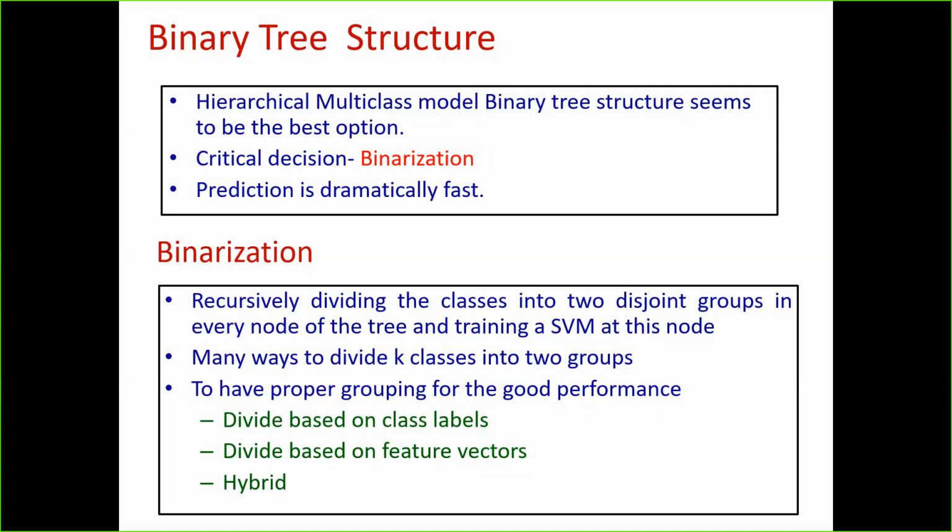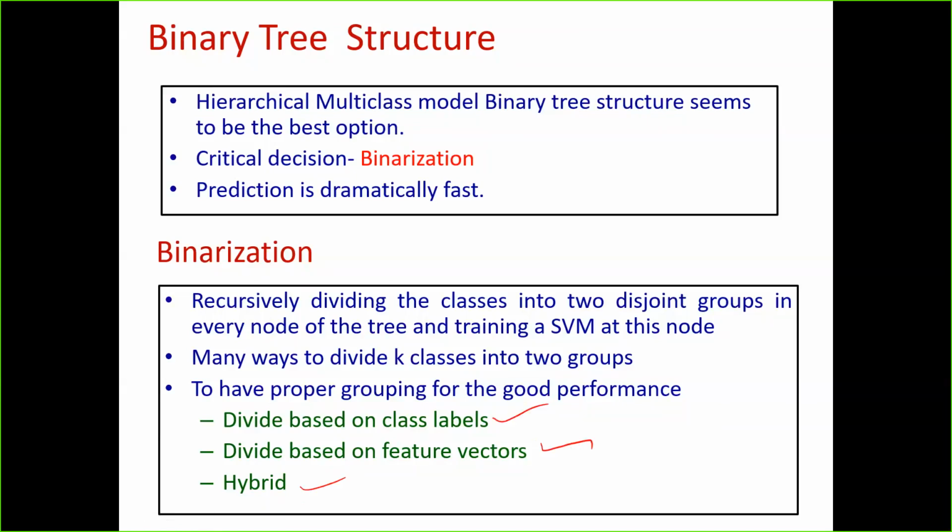So what is binarization? As I have mentioned to you, binarization is recursively dividing the classes into two disjoint groups at every node of the tree and training an SVM at that node. Okay, so there are many ways to divide k classes into two groups. Like dividing based on the class labels, dividing based on the feature vectors, or some of them are hybrid approaches, right?